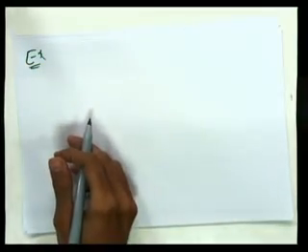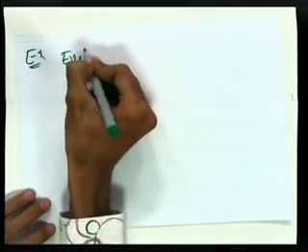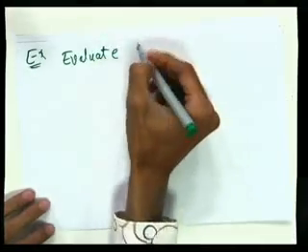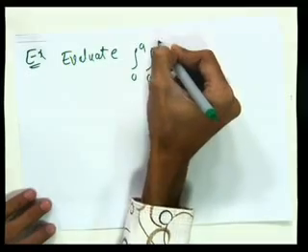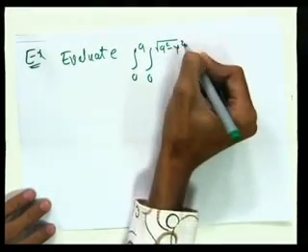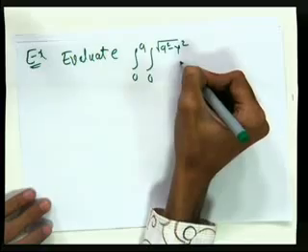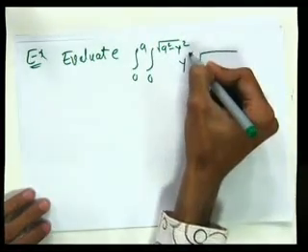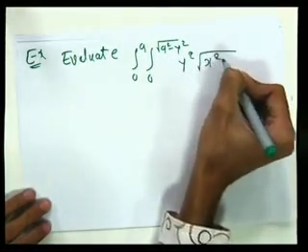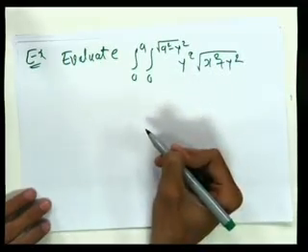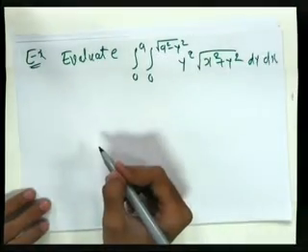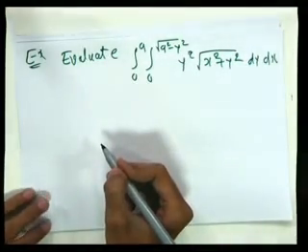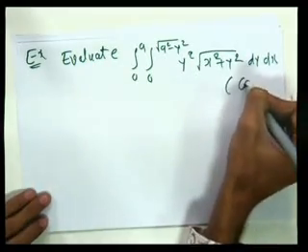The question is: evaluate the integral from 0 to a, 0 to root of a squared minus y squared, of root x squared plus y squared, dy dx. This example was asked in GTU.